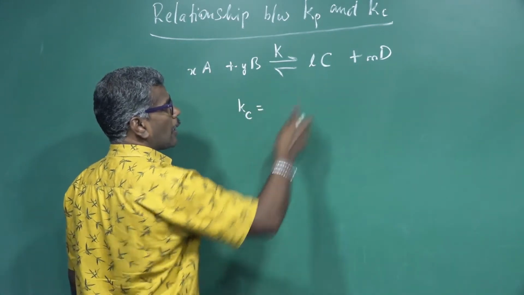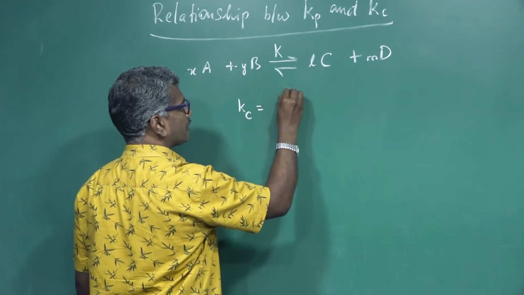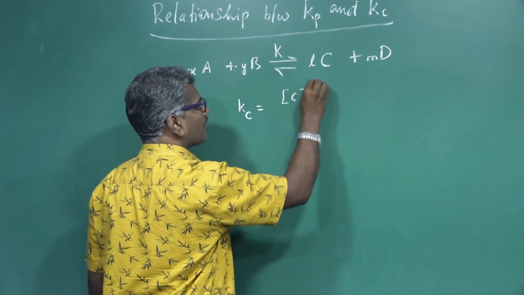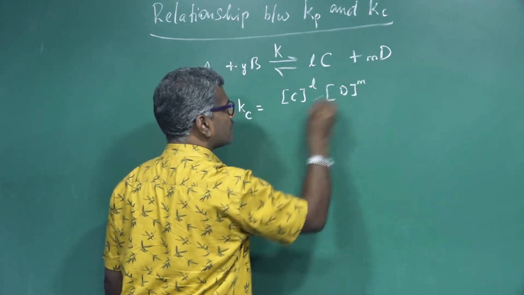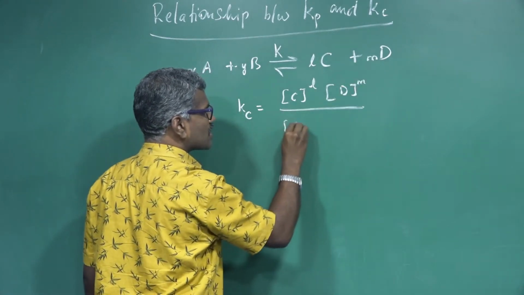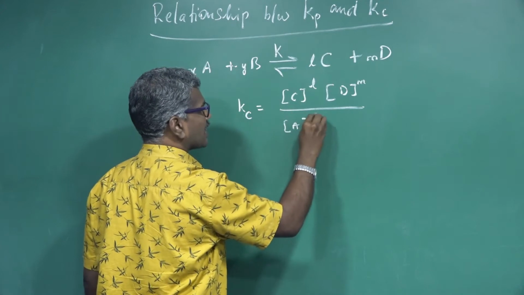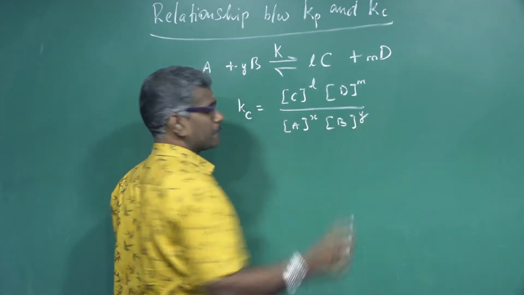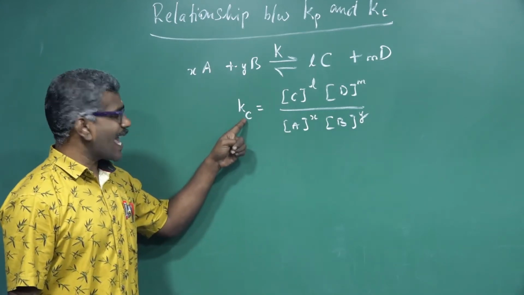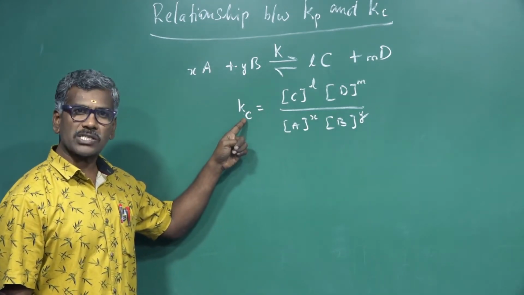Kc is the product concentration divided by the reactant concentration: concentration of C to the power l into concentration of D to the power m, divided by concentration of A to the power x into concentration of B to the power y. Here, Kc is the equilibrium constant.